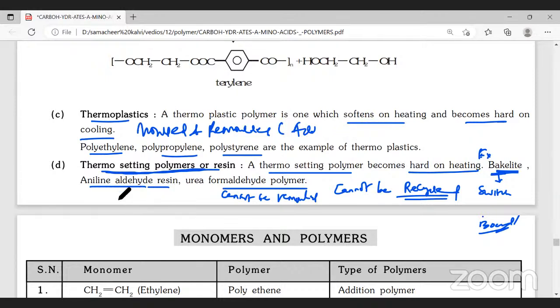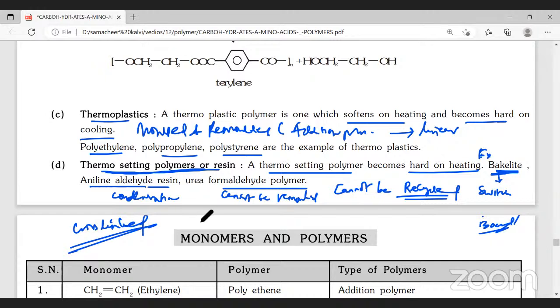And thermosetting plastic is formed by condensation polymerization. Thermoplastics generally have a linear structure. Thermosetting plastics are generally cross-linked. When we say cross-linked, there is enormous bonding between the chains. Therefore, it cannot be remolded into different shapes.